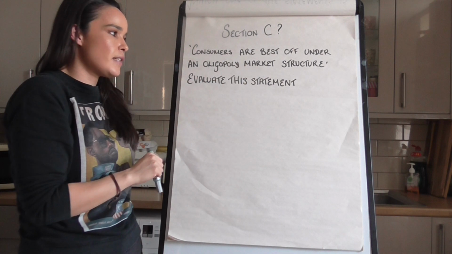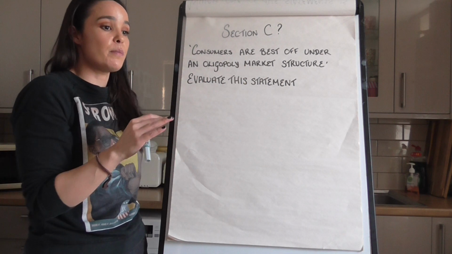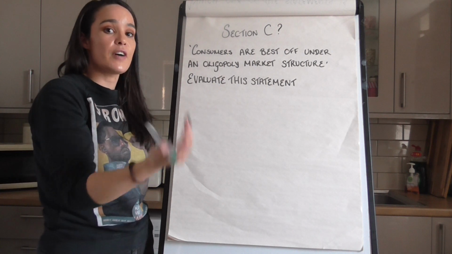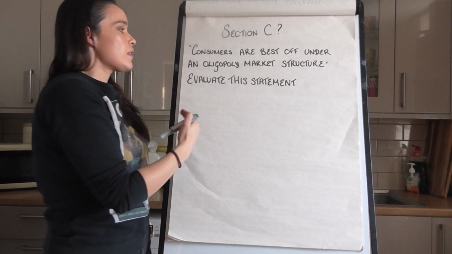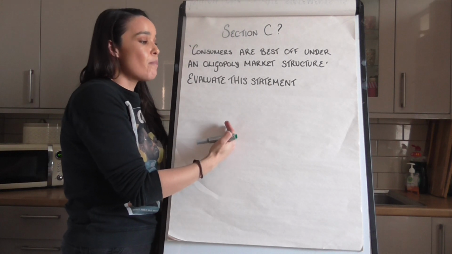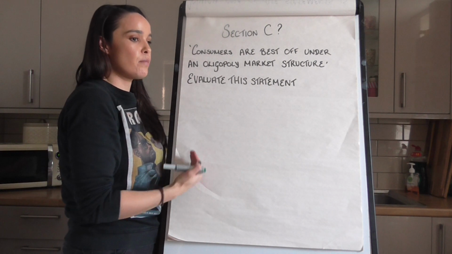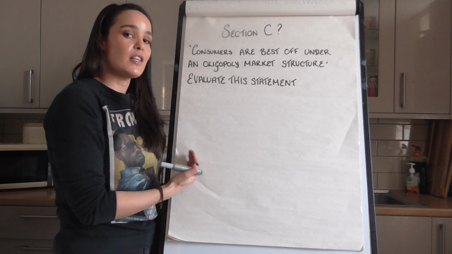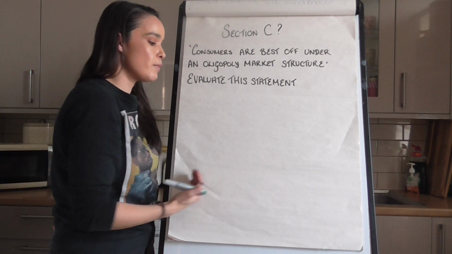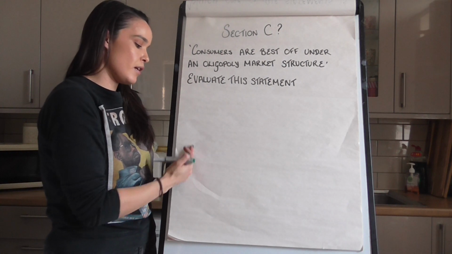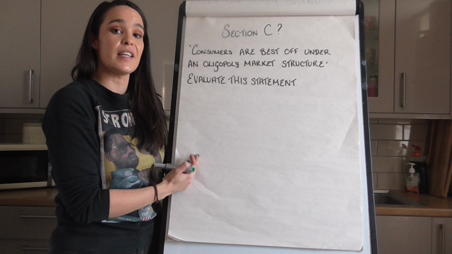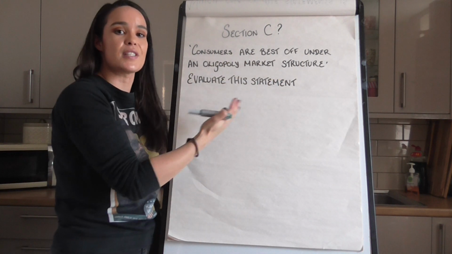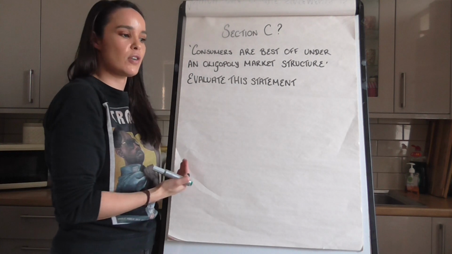But we could use this idea of perfect competition as an evaluation for this point, or analysis depending on your line of argument. So you may well say that actually consumers are better off under perfect competition because they're able to maximise their utility. And you might draw the long run equilibrium with the consumer surplus maximised there to show that it may not be true, because that doesn't happen under oligopoly market structure.